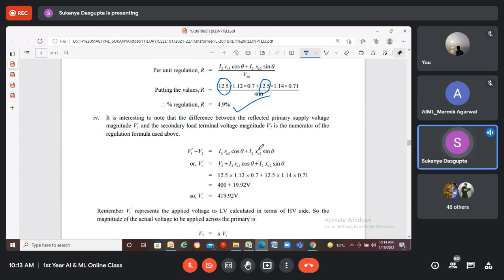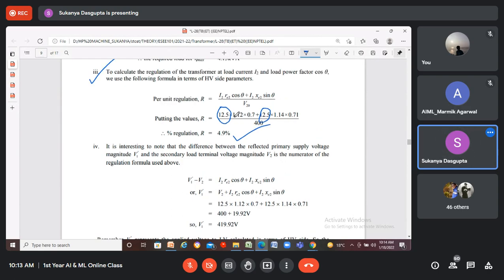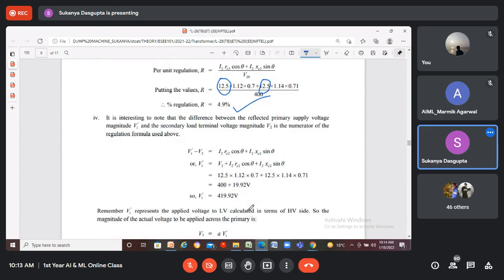That I2 Re2 cos theta plus I2 Xe2 sin theta, that is the numerator of voltage regulation. Right, where the terminal voltage is given as 400 volt, V2. So V1 dash, that is the applied voltage to the low voltage side, calculated in terms of high voltage side, is 419.92.